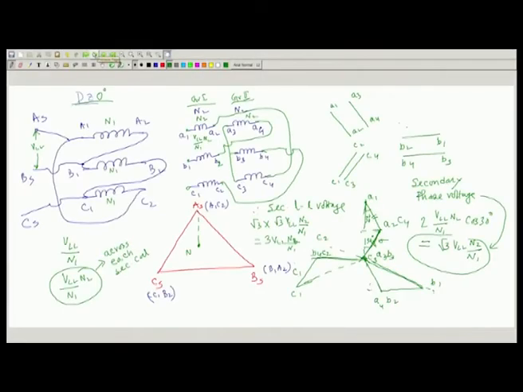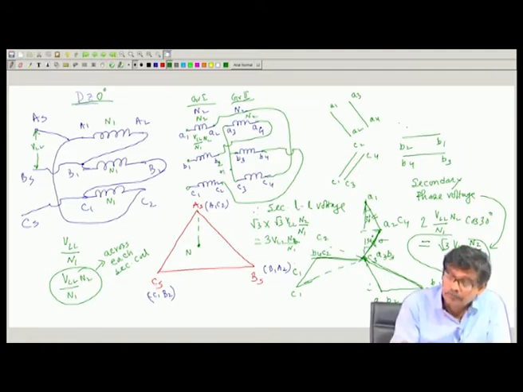In my last class I told you, with delta connection I just drew one digit 0, and it was like this. If you know the input line to line voltage and the turns of each primary and each secondary coil, then you will be able to calculate the phase voltages of these zigzag connections between the neutral and one of the phases of the output.